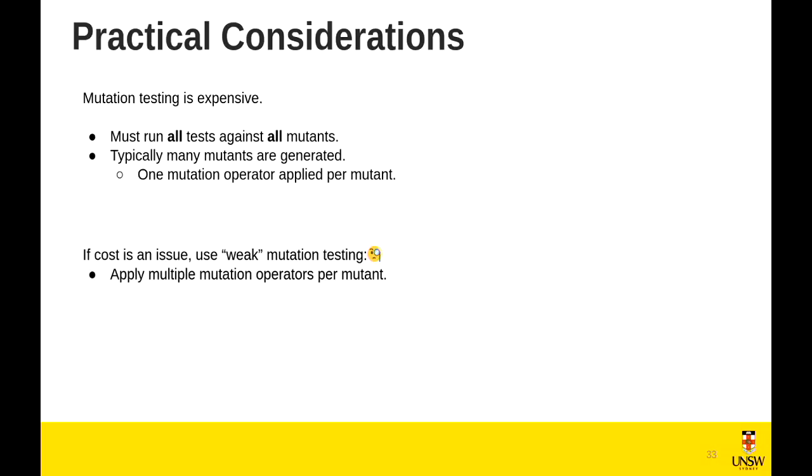This is called weak because it doesn't exactly tell us which test case is better, because the test case could be killing the mutant because of only one error injected, and it may not be able to cover all the errors injected into the mutant. That's why this is called weak mutation testing.